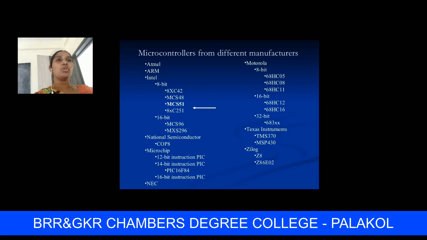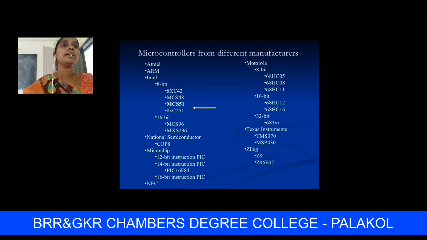And coming to Motorola, the 8-bit microcontrollers are there. Those names are 68HC05, 68HC08, 68HC11.